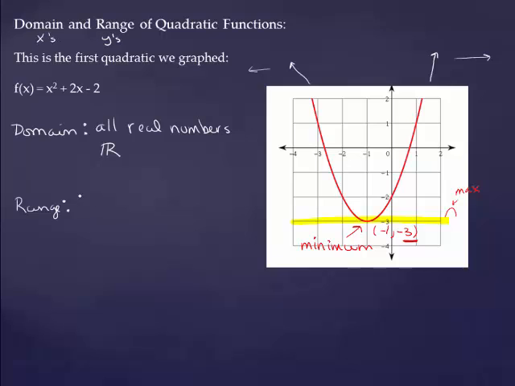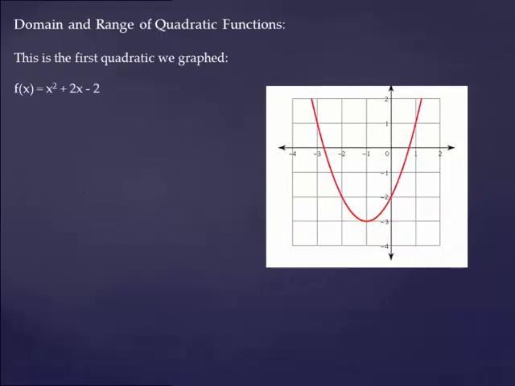So our range, we put it in set notation, you put y and then a line, which stands for "such that." So y such that y is greater than or equal to -3. This tells me that every y above -3 is in our set of values, but below -3 we do not have any values. So let's look at the next one that we had graphed.